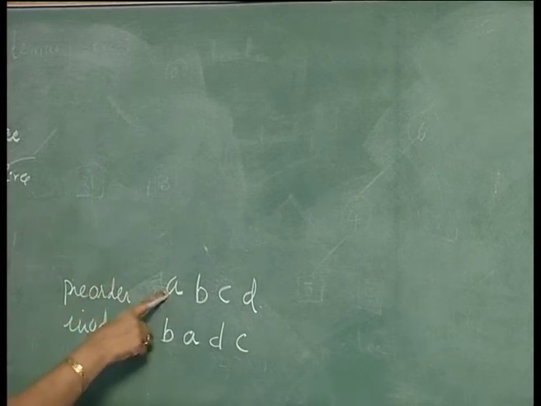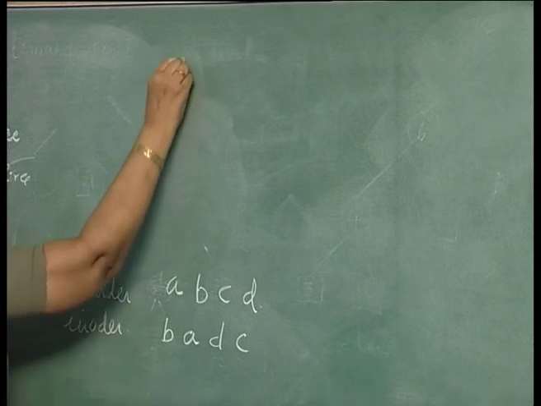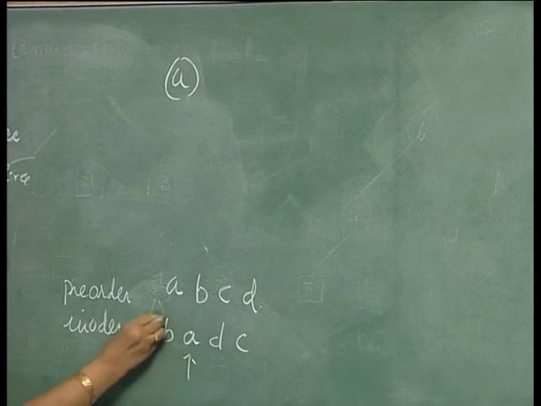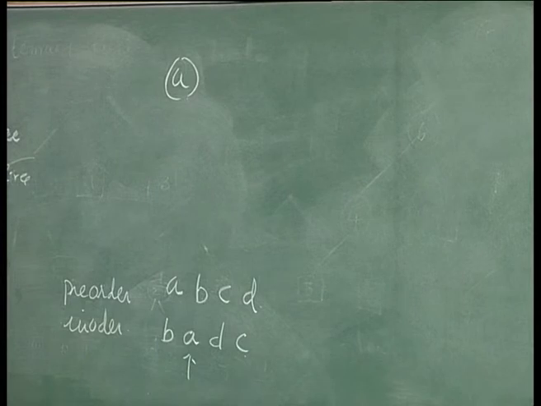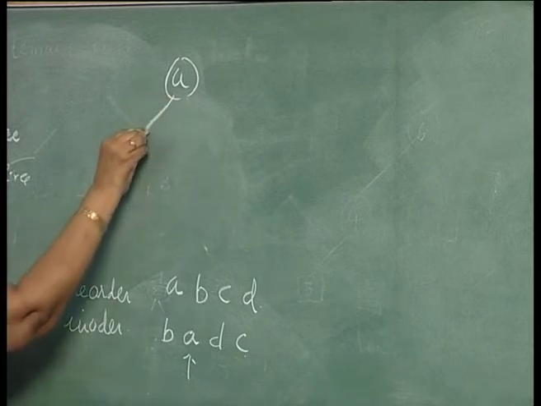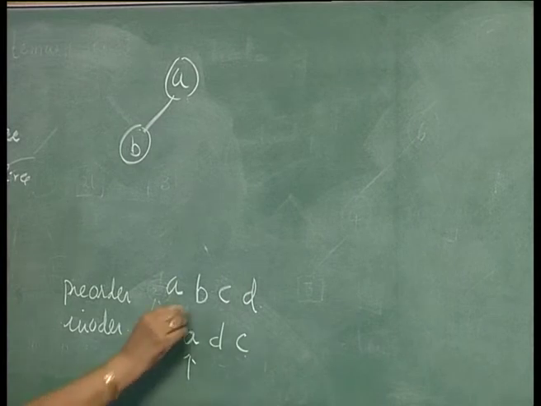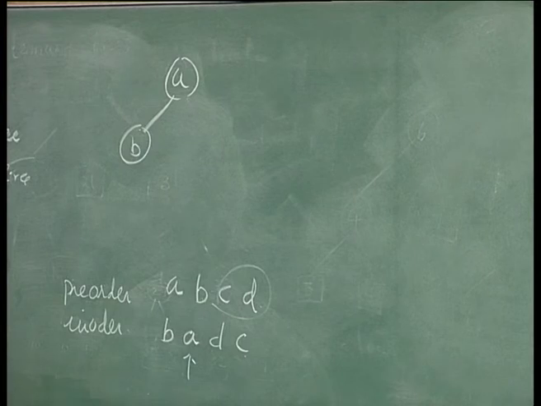The pre-order A is the first, so A is the root. In the in order, A is the root, so whatever is appearing on this side is the left subtree and this on the right subtree. So, B is on the left subtree, there is only one node, so it has to be like this. On the right subtree you have C and D, and the first one will be the root of the right subtree.